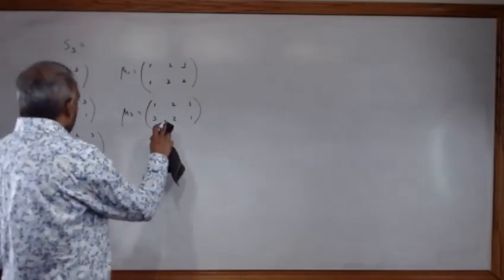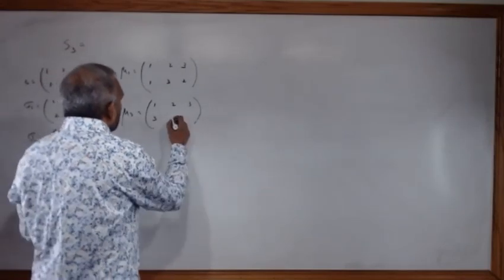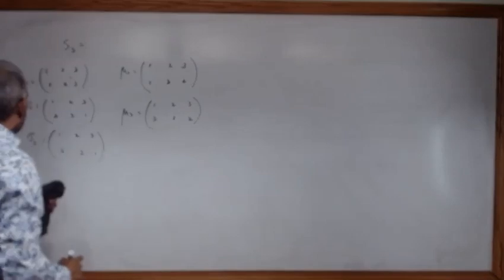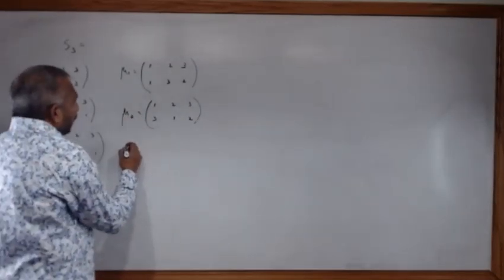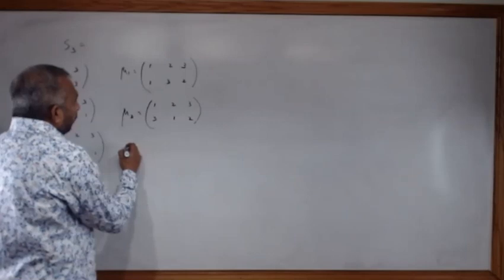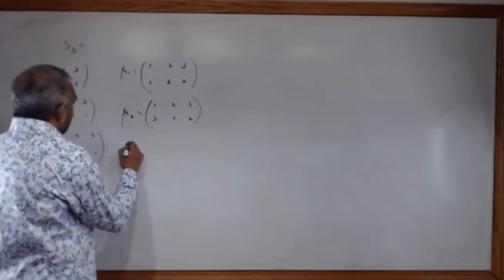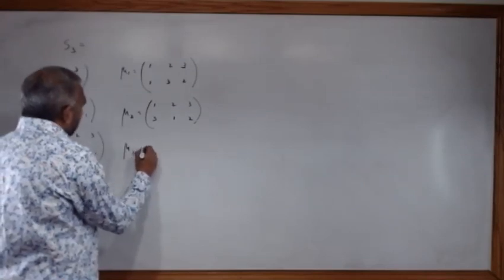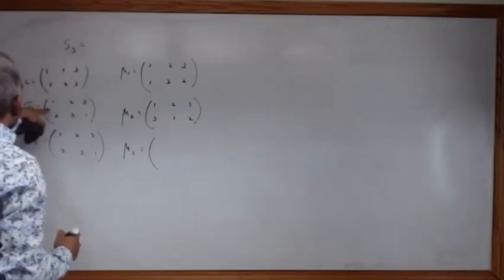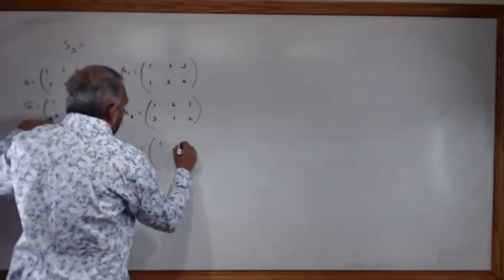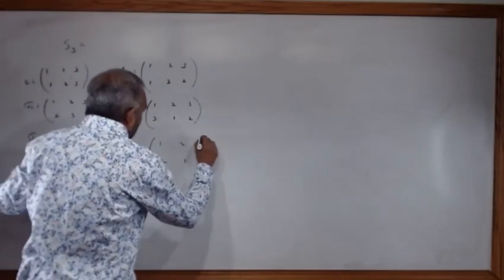Sorry, this is mu2. Mu3 is going to be 1, 2, 3, 2, 1, 3.